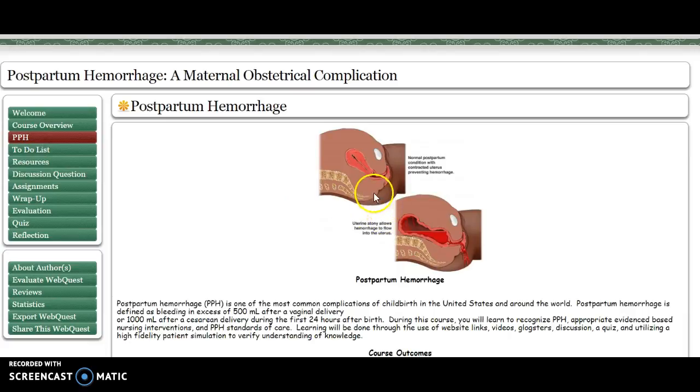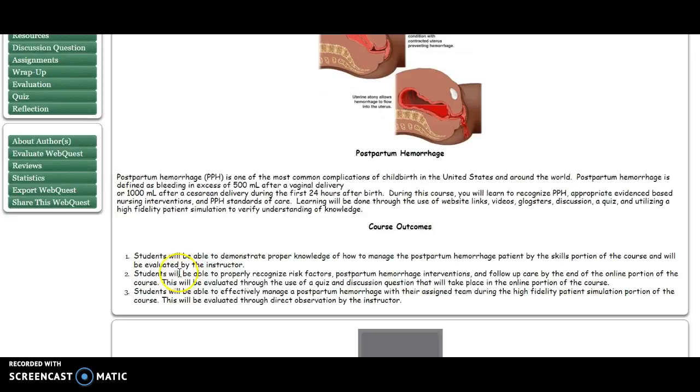This next section here also uses a nice graphic to depict what a normal condition is of the uterus and what an abnormal situation might be that leads to serious complications. You list your course outcomes clearly.